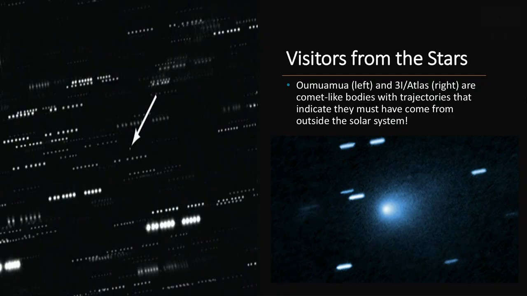So the reason the pictures look like this: we said if you wanted to take a picture of an asteroid, you could just take a picture of the sky and you'd see a streak. This is basically the inverse of that. If you want to study the moving object, then you don't want to try to study a streak. You want to focus on that particular object and keep it in the center of frame.